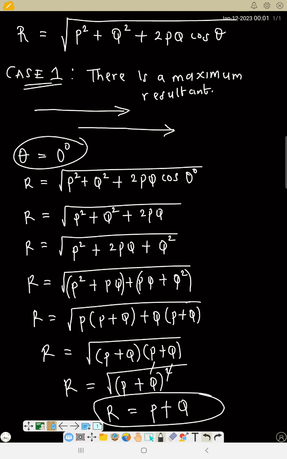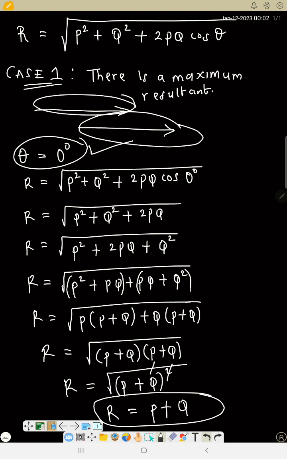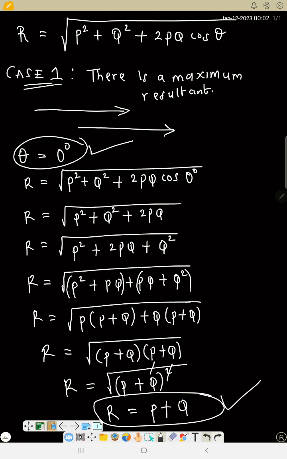It is when the angle between them is 0 and they are acting parallel in the same direction. Then they will have maximum resultant, and that resultant is p plus q. So if this is vector p and this is vector q, their resultant is just this vector plus this vector, on the condition that they are parallel and act in the same direction.